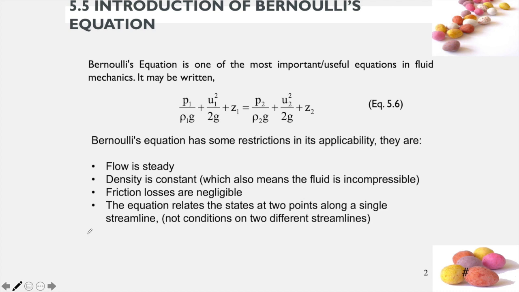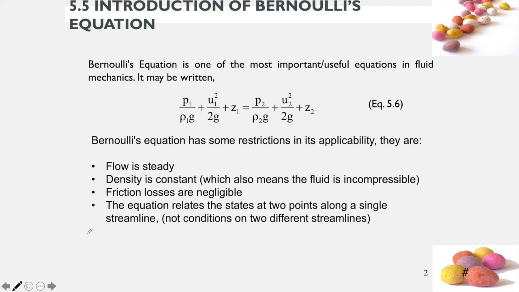P1 over rho 1 g plus U1 squared over 2g plus Z1 equals P2 over rho 2 g plus U2 squared over 2g plus Z2.